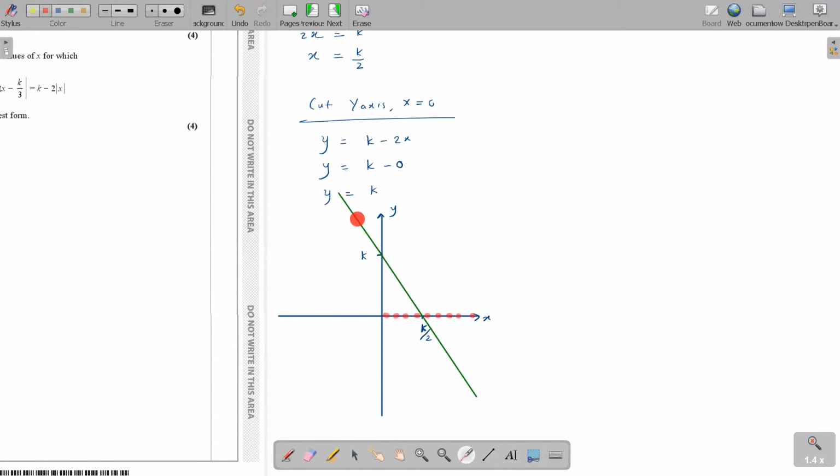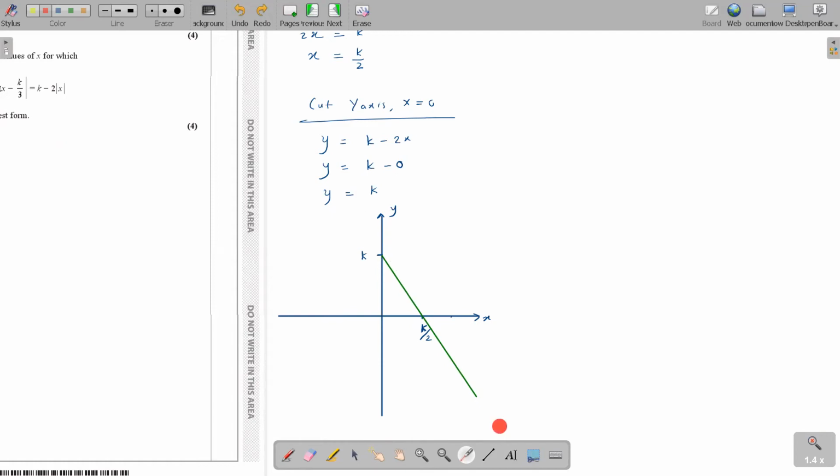The part of the graph on this side is for the negative x figures, so that part needs to be removed. So I removed this part.